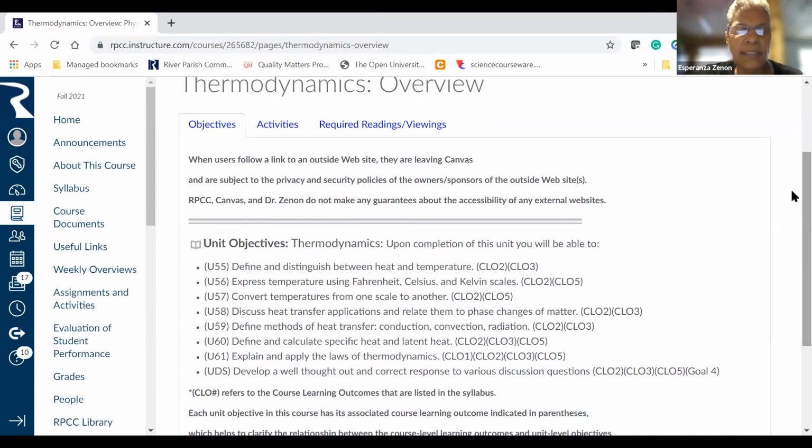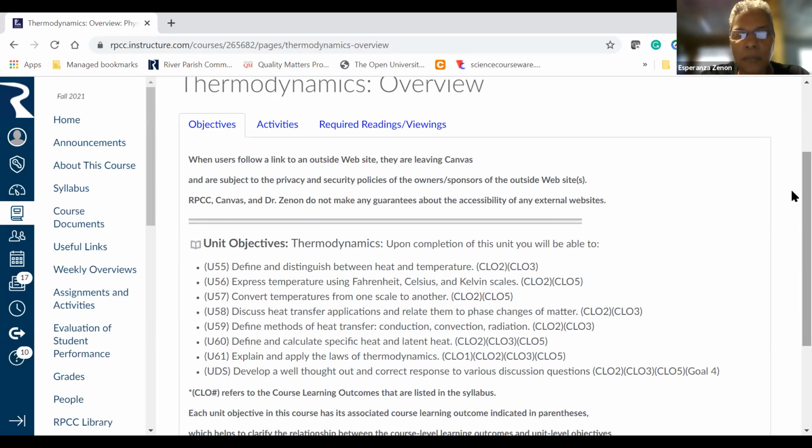We'll look at various heat transfer applications, like those that involve a temperature difference and those that involve a phase change. And we'll talk about the difference between the two. And we'll talk briefly about the methods for heat transfer. In other words, how does heat get transferred utilizing any of the methods that we'll talk about.